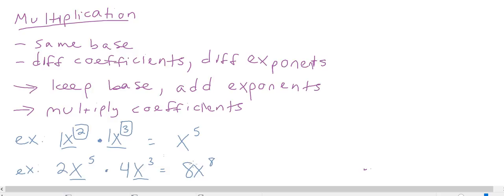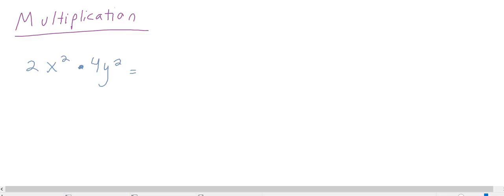Let's try another example. Let's say we have 2x squared times 4y squared. Do these two monomials have the same base? You can't multiply the x squared times the y squared in this example because they have different bases.